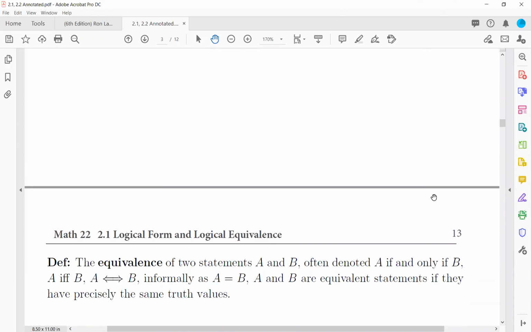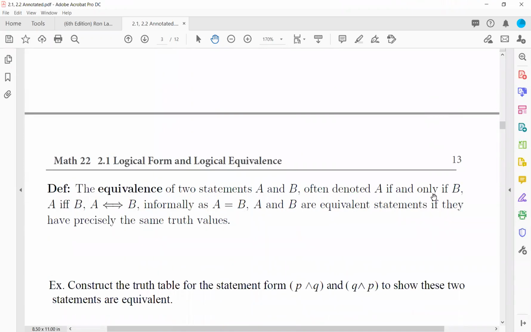Let us move on. Okay, let us define equivalence between two statements.